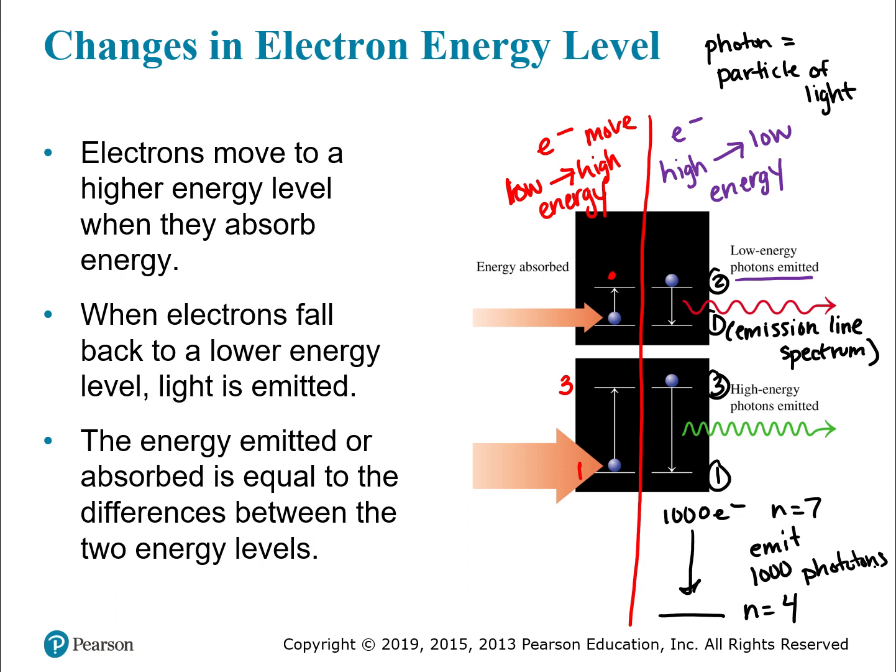So each electron will emit 1 photon. Same is true for absorbing energy. That electron is going to absorb 1 photon, and it's either going to be enough energy to jump up a level or it's not. Any questions here? Seems like you guys get it.